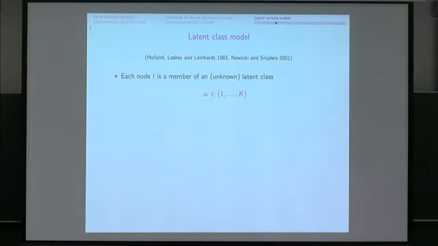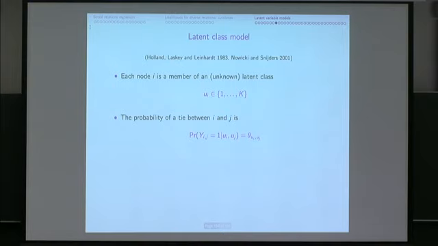So there's several models of this type, and perhaps the most famous one is the latent class model, also known as a block model. The idea here is that each node i is a member of an unknown latent class, and the probability of a tie between nodes depends only on the classes of the nodes.